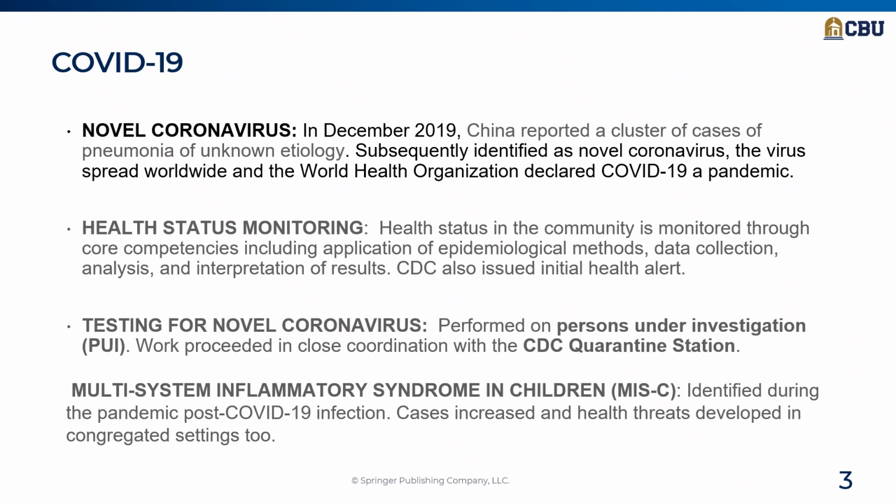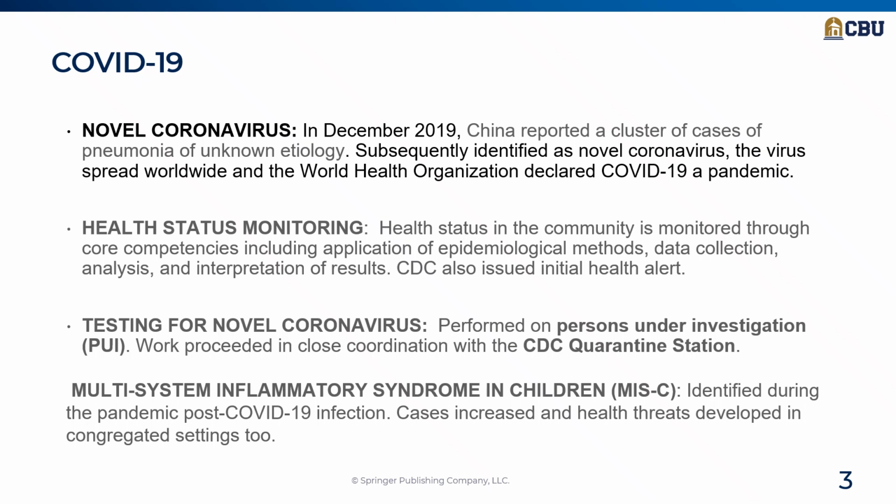Early on, testing wasn't available, so public health relied on syndromic surveillance, tracking severe pneumonia, conducting case interviews, and identifying travel risks. Once testing became available, criteria focused on travelers from Wuhan and close contacts of confirmed cases.